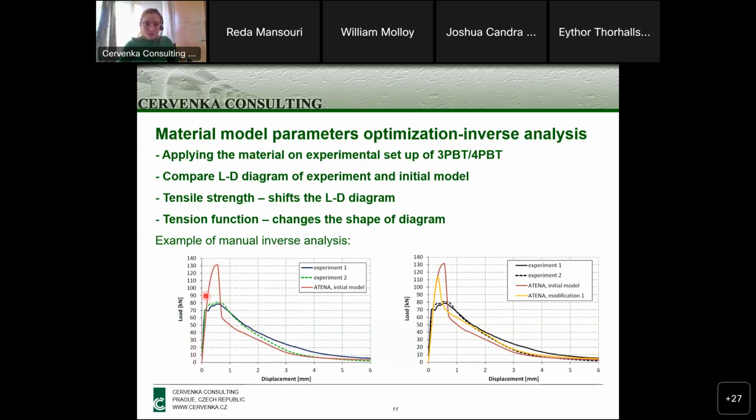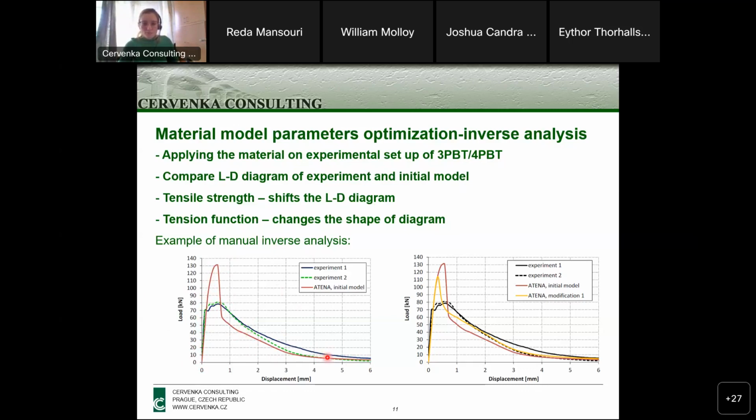You can see that there is a large difference, especially at the beginning of the diagram, so you can change different parameters. Usually you're working mainly with the tensile strength and tension function with these sorts of concretes.